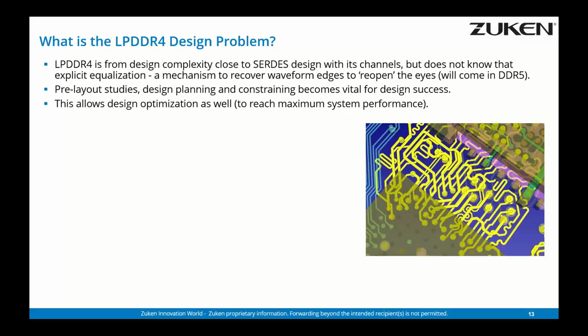Therefore, a careful pre-layout process, pre-layout studies, probably simulations, to figure out what the proper trace width is, what the spacing is to avoid crosstalk, what the maximum allowed damping and delay by the vias in the interconnect path is. Planning and technology definition are vital for the design process and for a successful design. This allows us as well to optimize structures cost-wise, form factor-wise, or to reach the maximum performance.